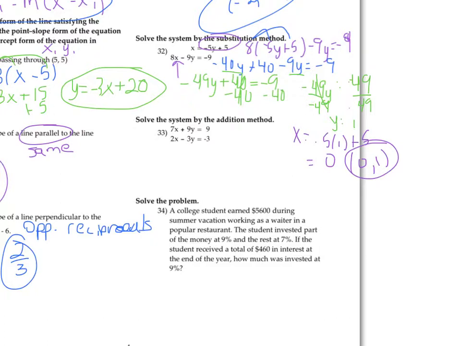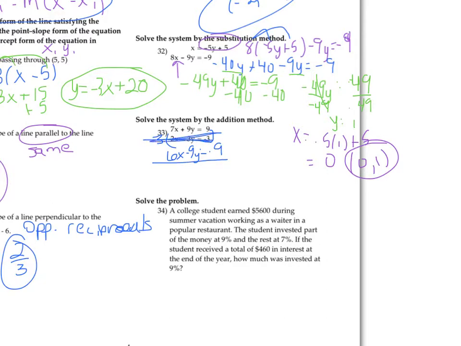Solve the system by the addition method. Well, that's also known as the elimination method. We would figure out what I could multiply one of my equations by so that I end up with the same thing in front of either x or y, but with different signs. So here I can multiply by 3 because that'll give me 6x minus 9y, which is what I want, equals minus 9.